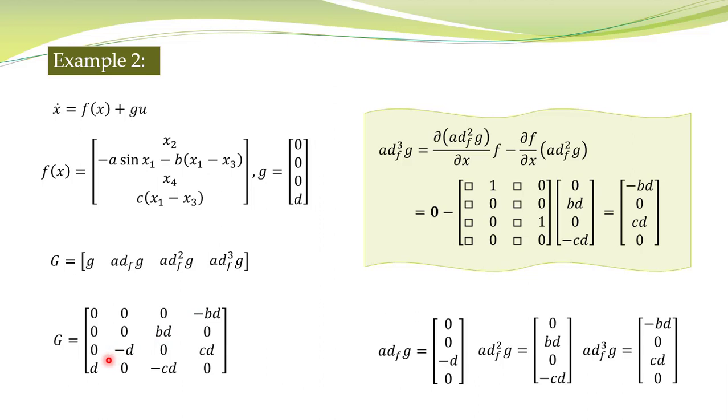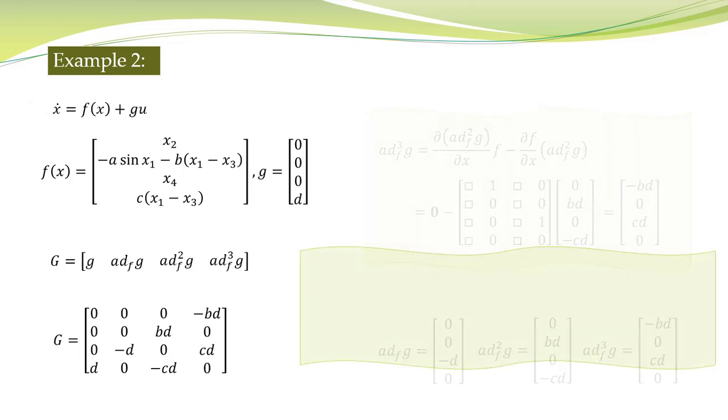This means the determinant of this matrix is non-zero, and therefore this matrix is full rank. This matrix being full rank means this system is feedback linearizable, that is, an h of x exists for this system corresponding to which relative degree is equal to 4.